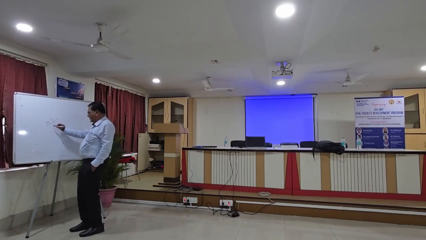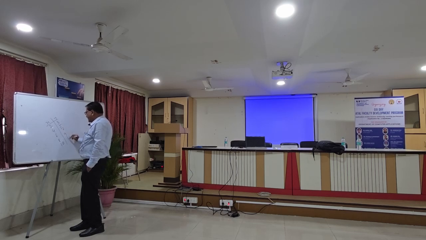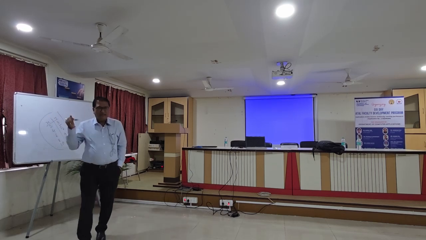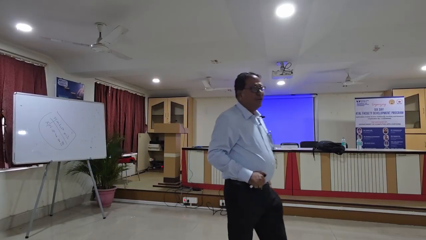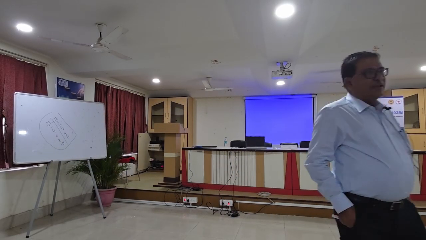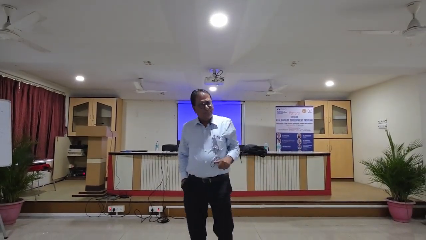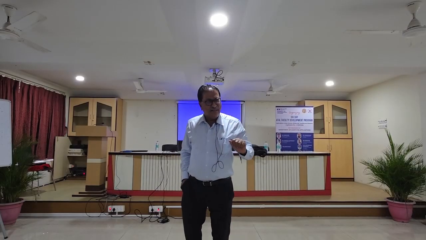Say the data set is X equal to 2, 4, 6, 8, 10, and Y equal to 3, 5, 7, 9, 11. Just tell me, can we get a model? The model is nothing but the relation between X and Y. Am I not right?